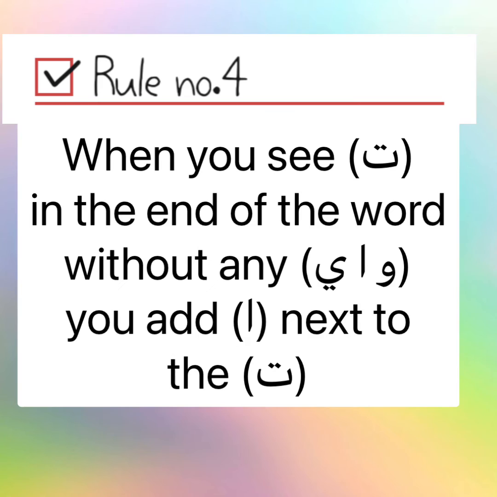Rule number 4 is that looking at the word, there is an open ta in the end. When you see an open ta in the end of the word, ta مفتوحة, without any حروف العلة, واو, ألف, ياء, in the whole word, you add just the mad alif next to the ta.